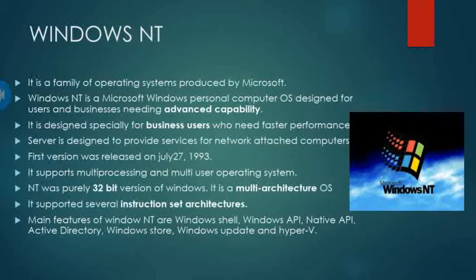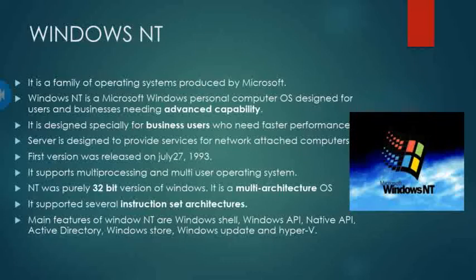Next is Windows NT. After Windows 98, there was a new Windows, Windows NT. NT means new technology. It is a family of operating systems produced by Microsoft. Windows NT is a Microsoft Windows for personal computers, mainly designed for users and businesses that need advanced capability.